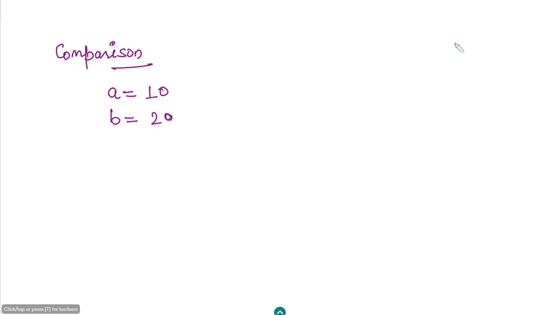Suppose I write A is greater than B. Is A greater than B? No, then it will return false. So this is the relationship between these two values or variables.